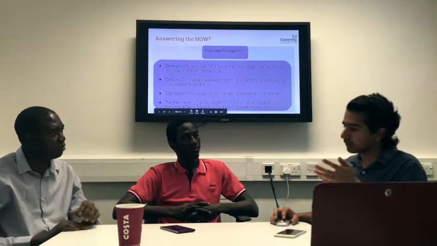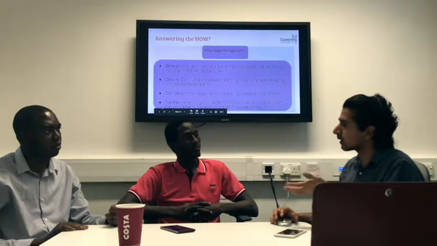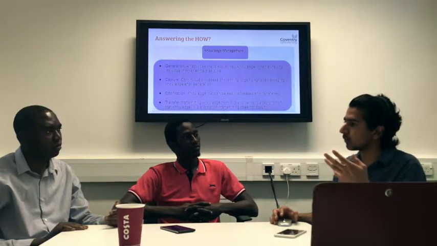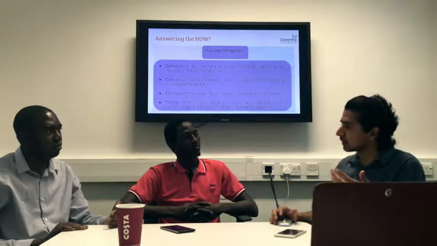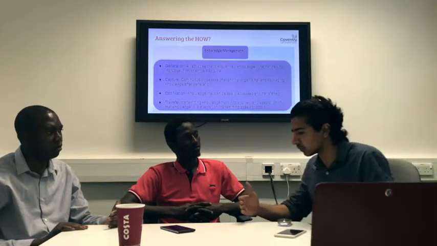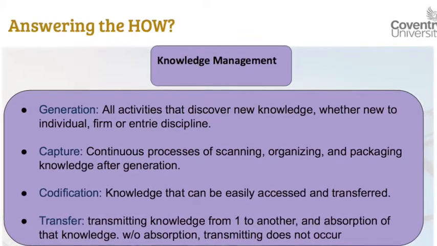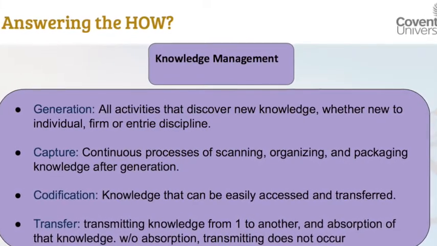So what is knowledge management? Knowledge management is like any knowledge, any information, any data that you were talking about. When you generate it, when you discover it, you go through certain procedures in the knowledge management section. So one is generating, coming up with new knowledge for the business. Second is capturing it.